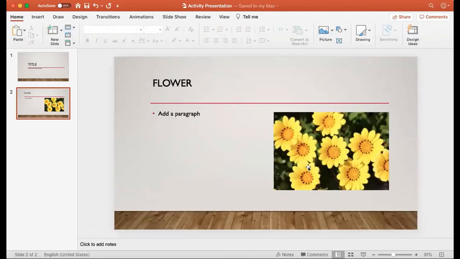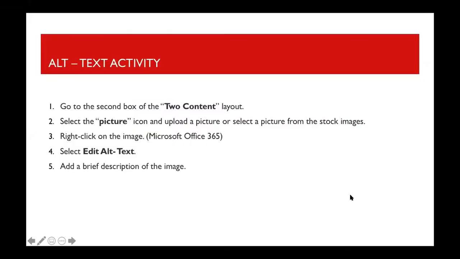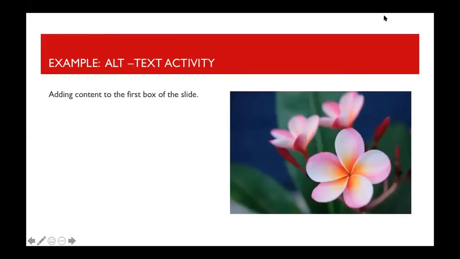Okay, so we're going to go back to the presentation. Okay, so now we have content in the first box of the slide. We have our title and we also have our image, a flower image.